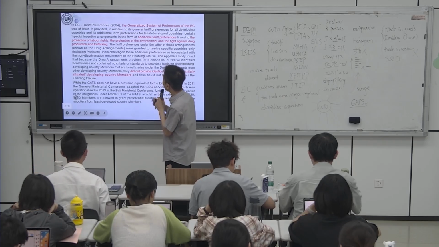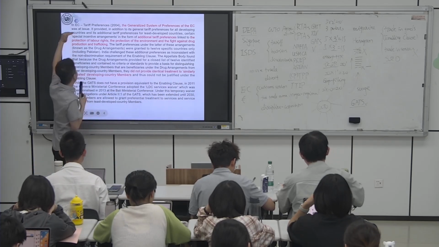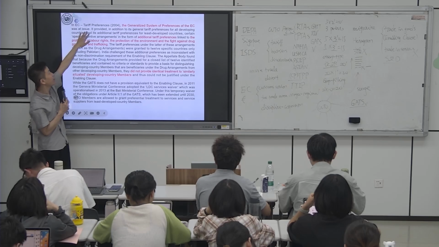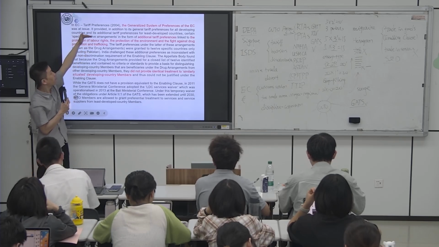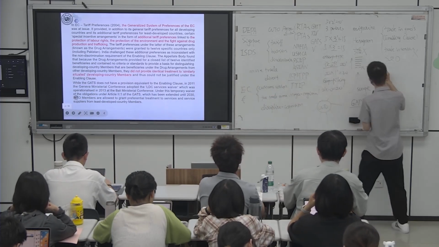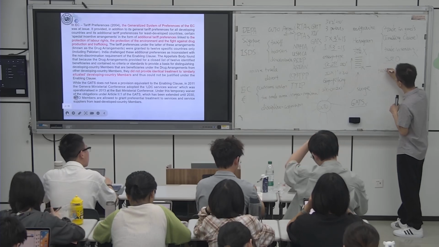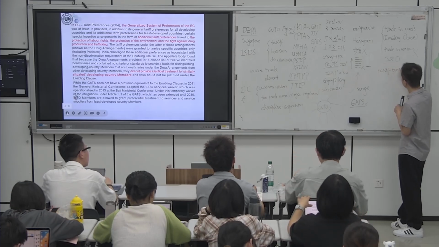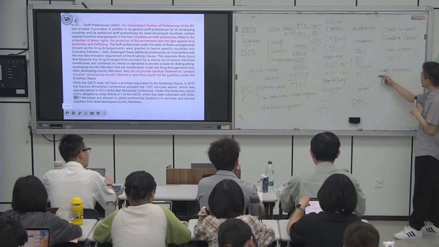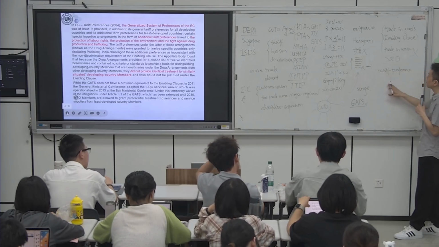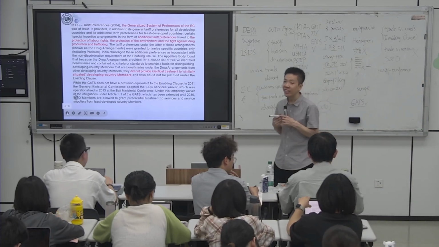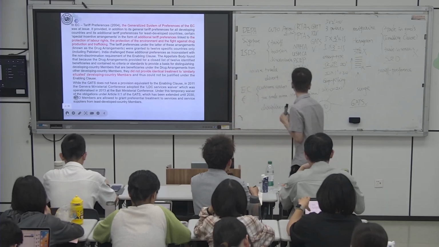And look, there is a famous case. It's called EC Tariff Preferences. This is a case, European Communities tariff preferences. Tariff preference is a kind of preferential tariffs. What does that mean? Actually, in China, I've already told you before about this one.